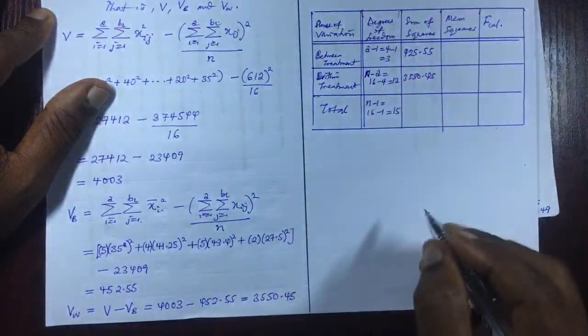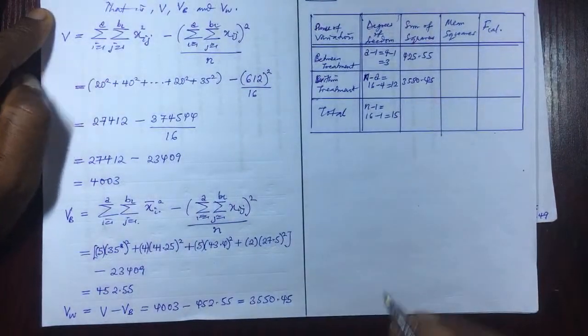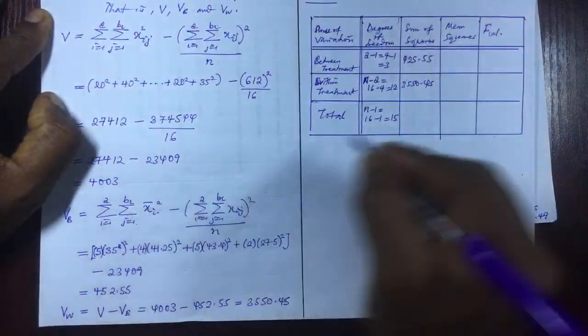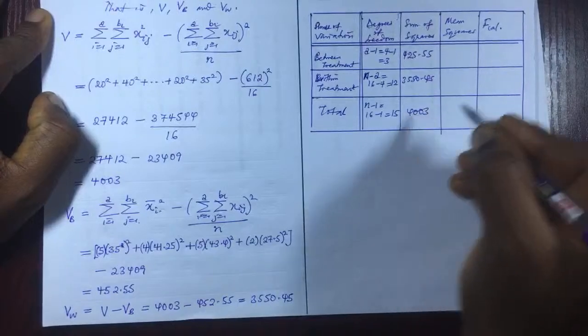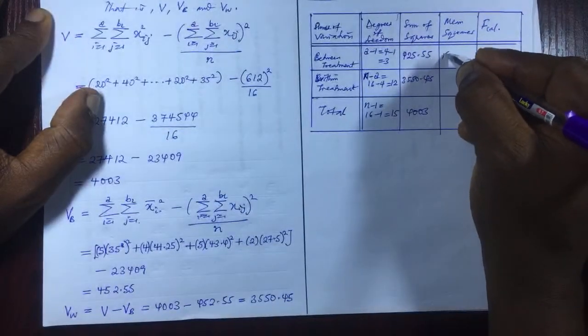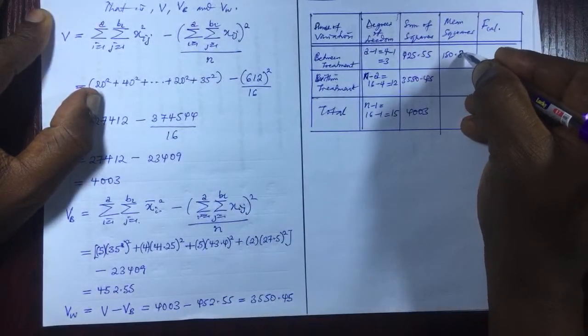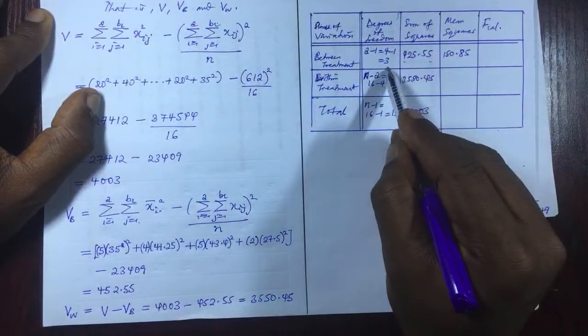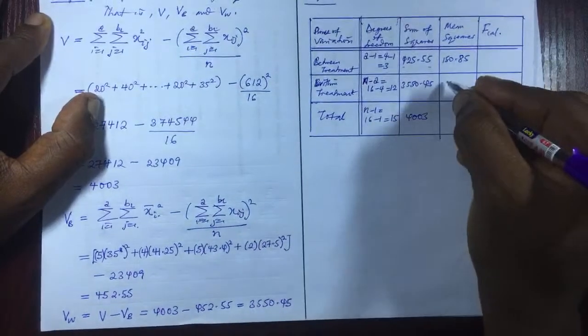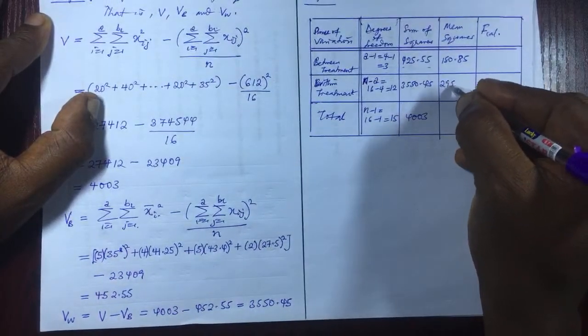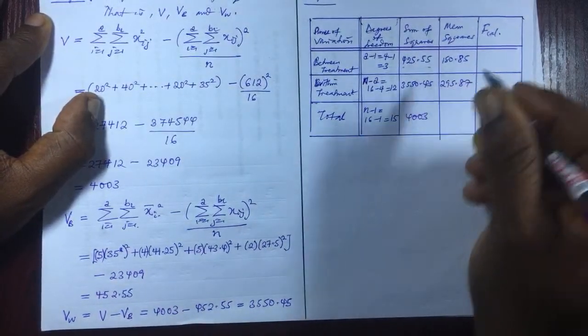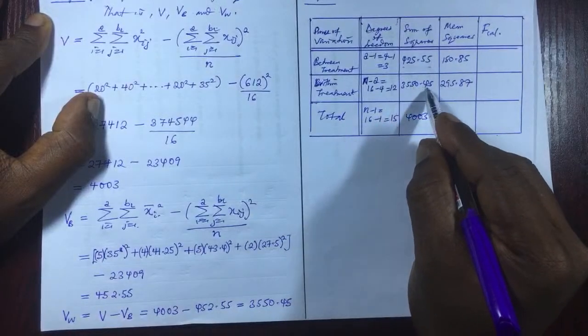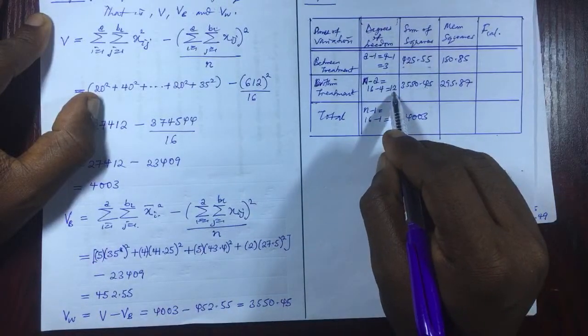For the total variation, I'm going to bring what I had, 4003. Then mean squares will be 150.85 once you divide this value by 3, the degrees of freedom for it. Then this will be 295.87 once you divide 3550.45 by 12, the degrees of freedom for it.